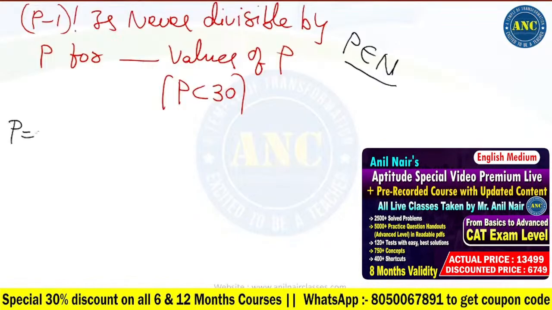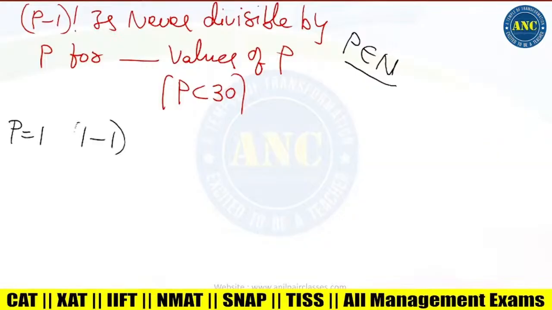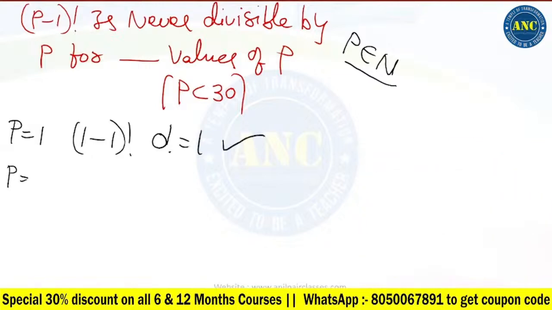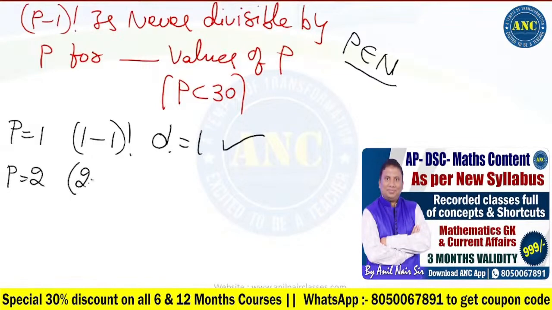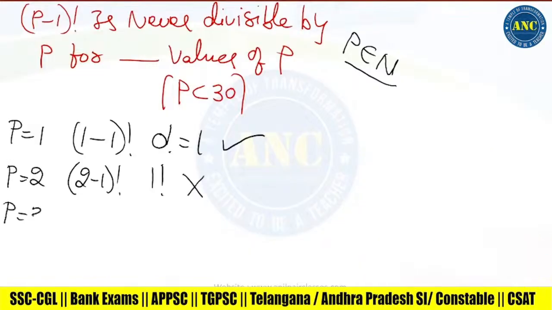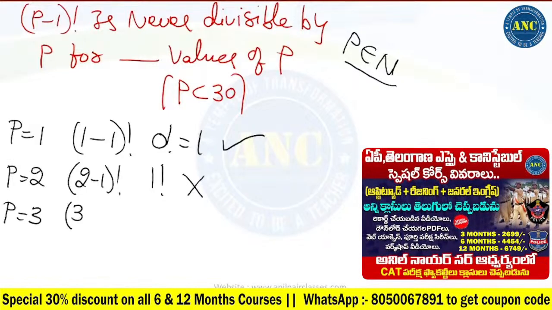Let me take P value 1. 1 minus 1 factorial, 0 factorial, which is 1, is divisible by 1. If P is 2, 2 minus 1 factorial is 1 factorial. Is 1 divisible by 2? No. If P is 3, 3 minus 1 factorial, 2 factorial.